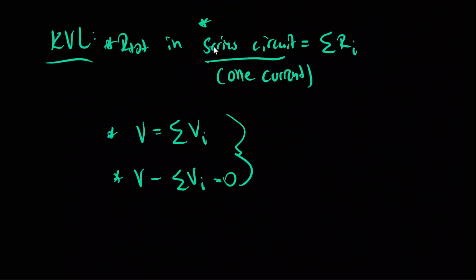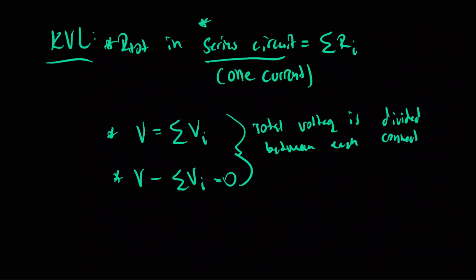So that's what we're saying, that the total voltage is divided between each connected component. I think that should make sense. So total voltage is divided between each connected component.